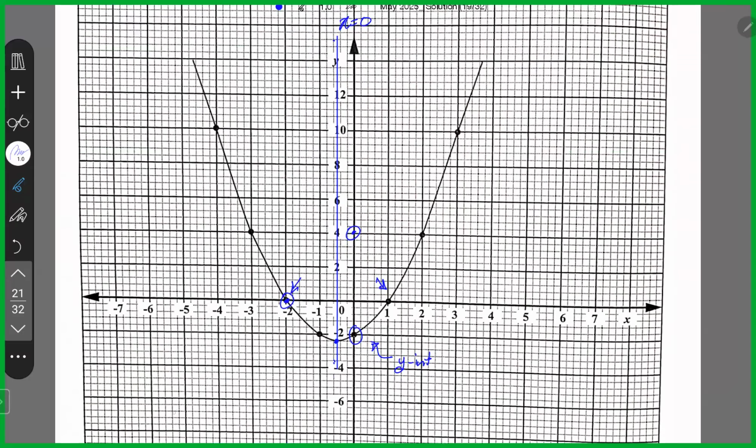So let's draw a straight line through these 2 points. All right. So now that we have done that, we have the line y is equal to 2x plus 4.